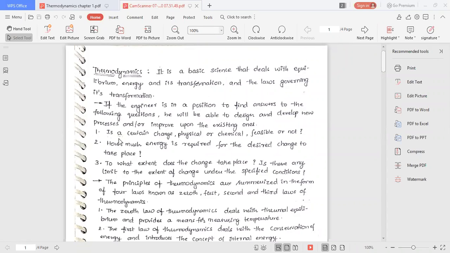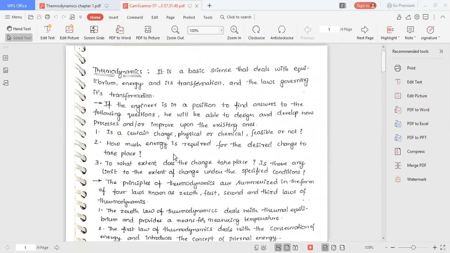So read once: is a certain change, physical or chemical, feasible or not? Feasible or not means, is it possible for a process to occur? That means if I have used a fuel and air mixture, is it combustible or not? Is it igniting or not? This is a feasible condition.